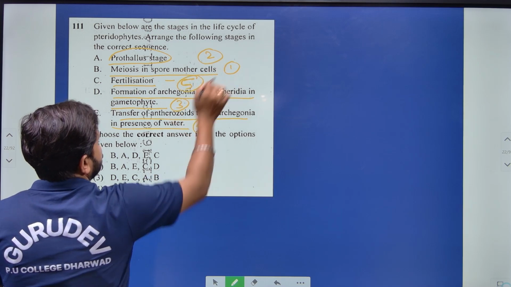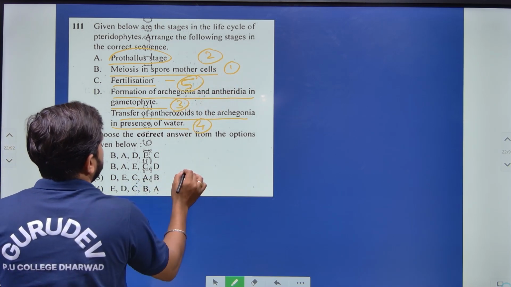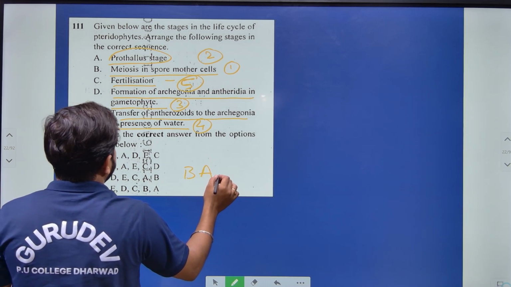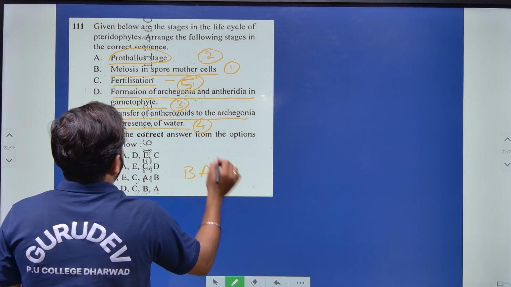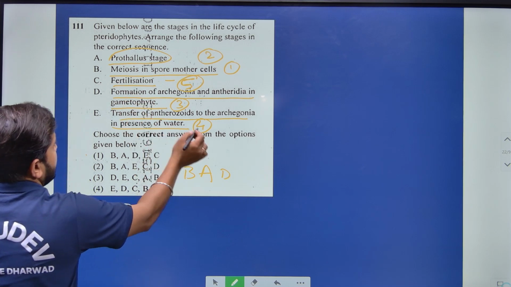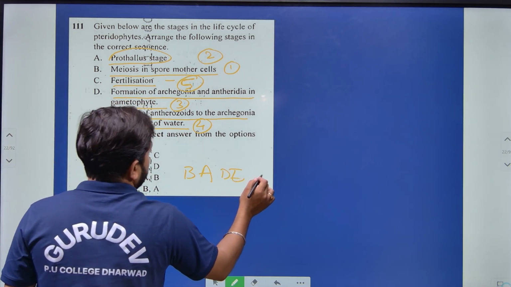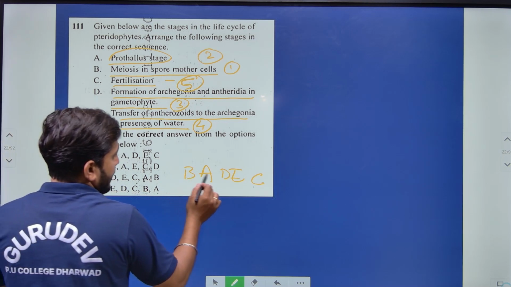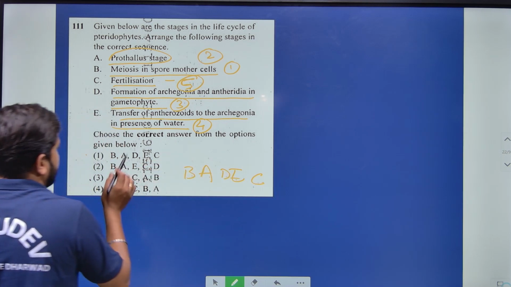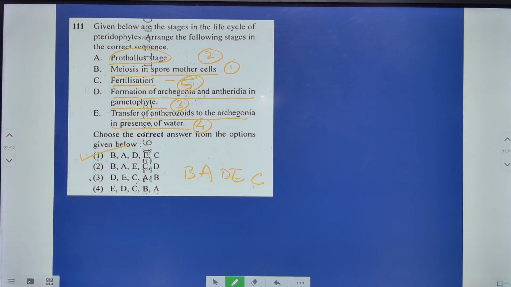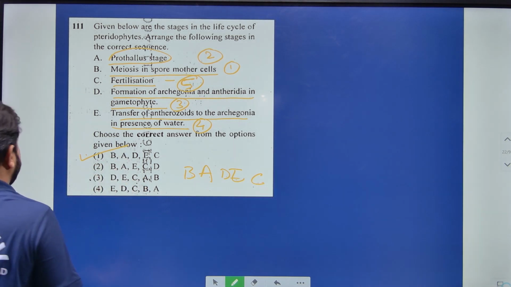So according to this, if I arrange, what I am going to get here is B, second one is A, third one is D, the fourth one is E, and the fifth one is nothing but C, right. So B, A, D, E, C. So if I see this, option 1 is correct, right? B, A, D, E, C, right.